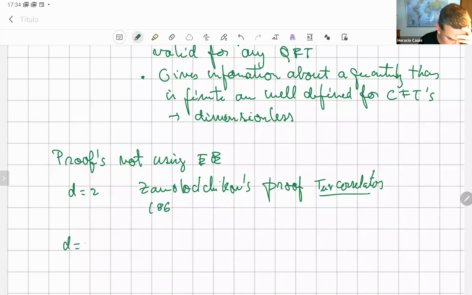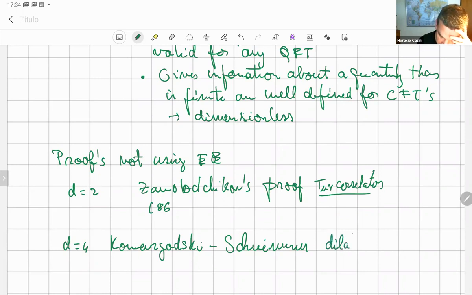And for D equal to 4, there is the Komargodski and Schwimmer proof that uses the dilaton field effective action.